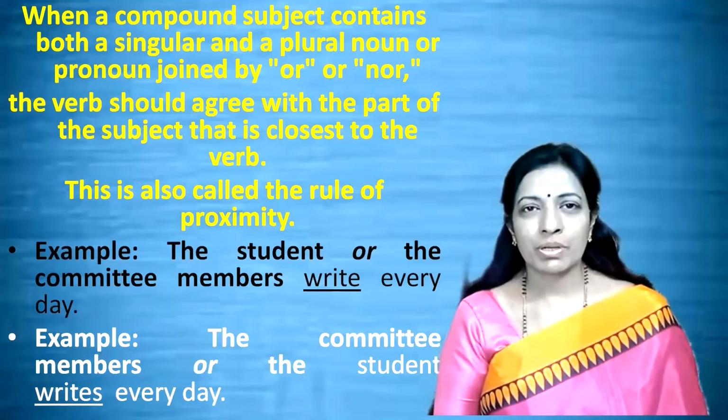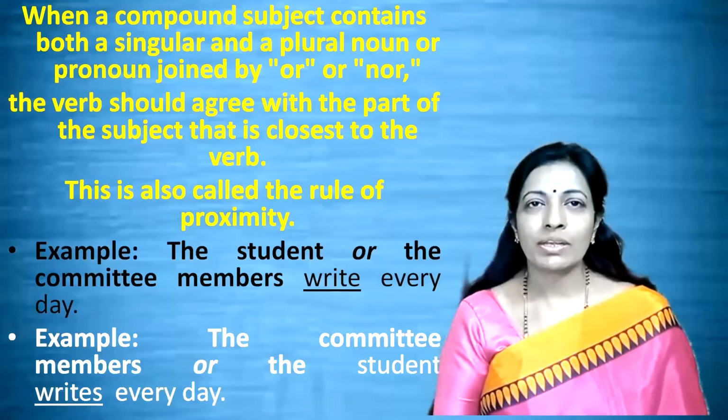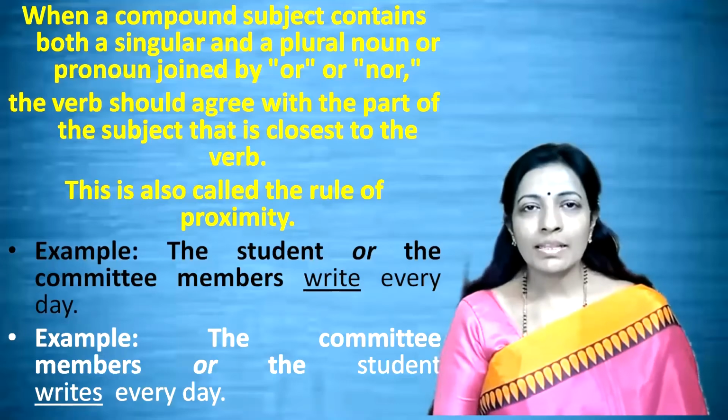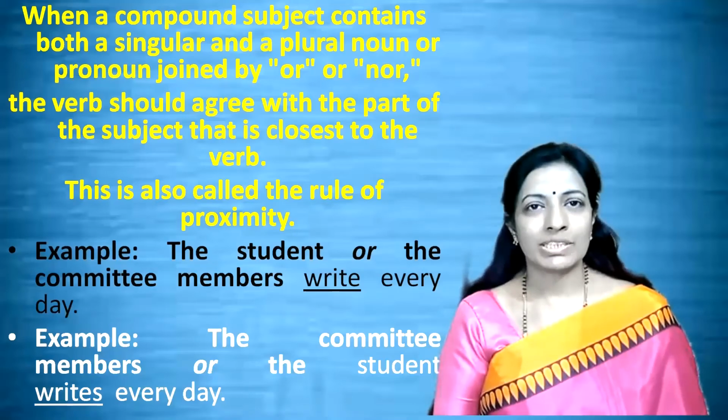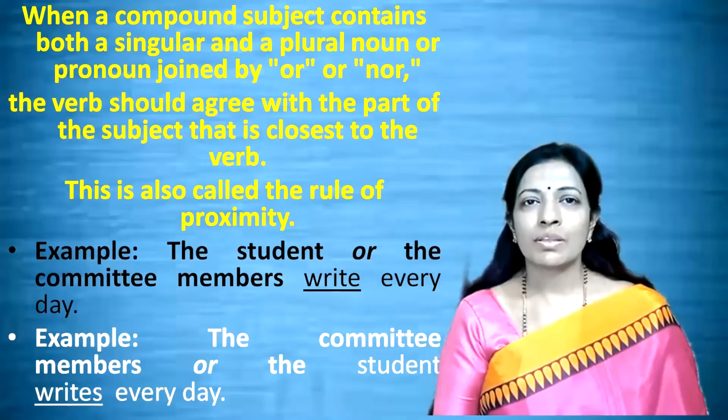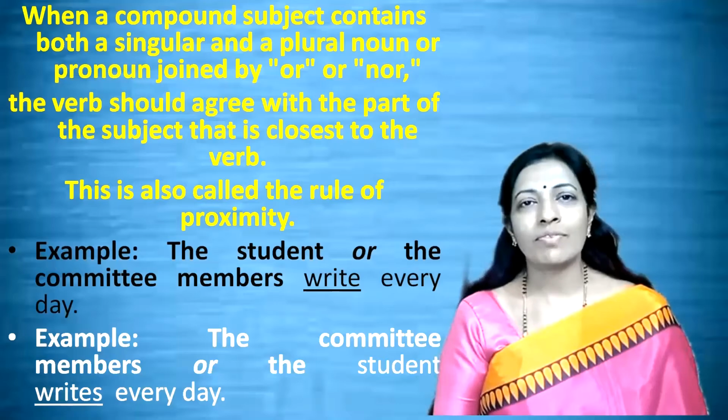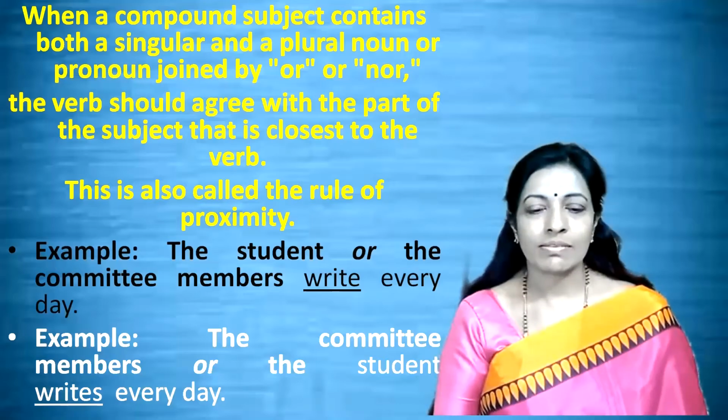The committee members is plural and the student is singular. In this sentence, the nearest noun to the verb is the student, which is singular. Therefore, the verb which follows it will also be singular and will end with s or es.